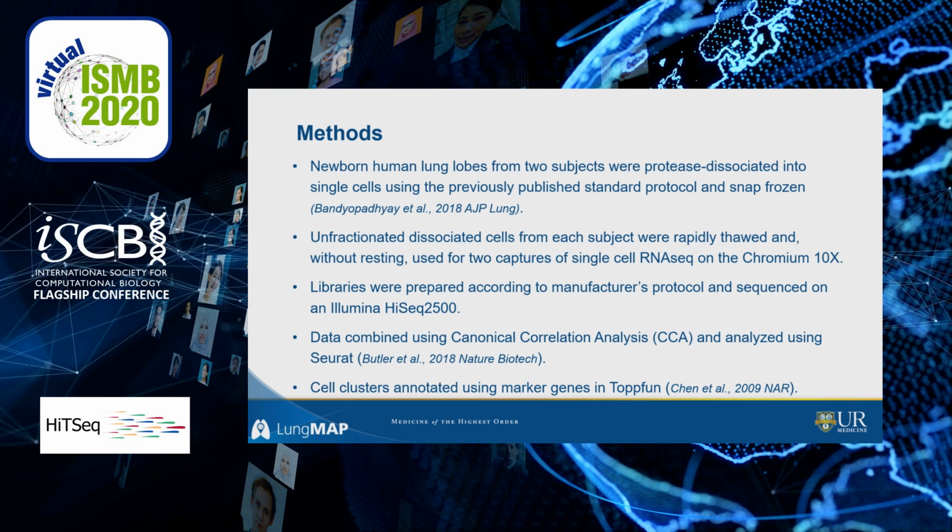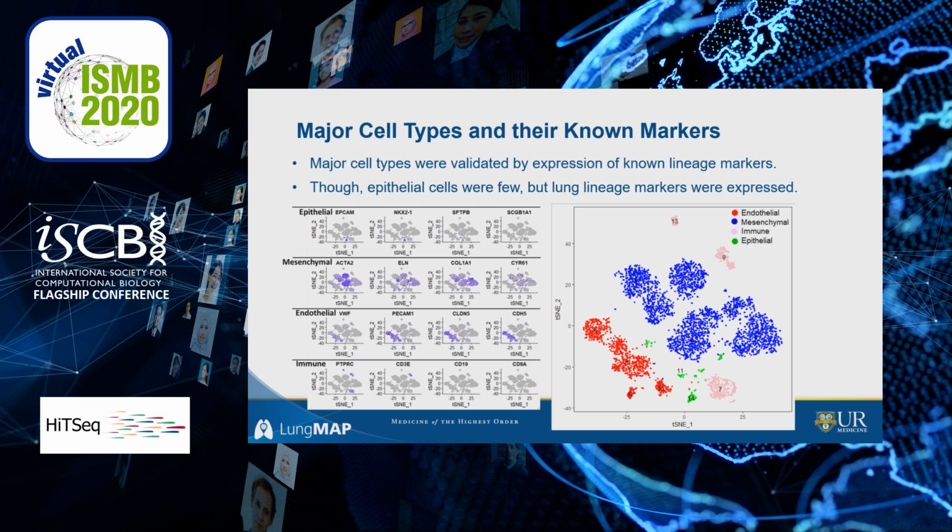Then the cells were clustered, and markers for each of the clusters were used through top1 for cell type identification. So the major cell types were identified using their known markers. As you can see, the epithelial cells are marked here, mesenchymal cells marked here in blue, endothelial cells in red, and immune cells in pink.